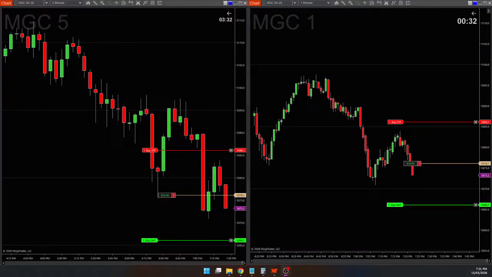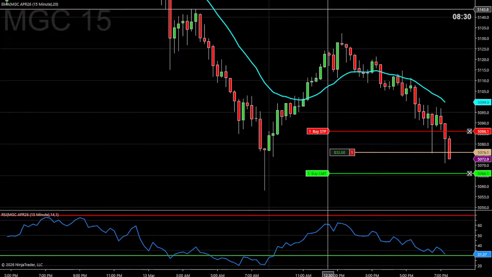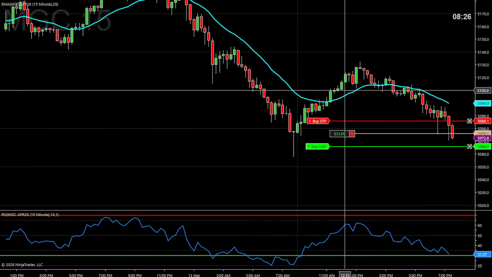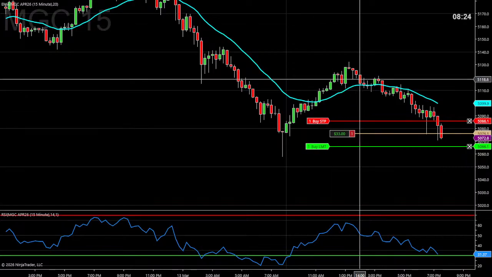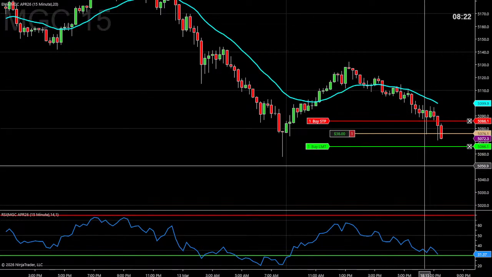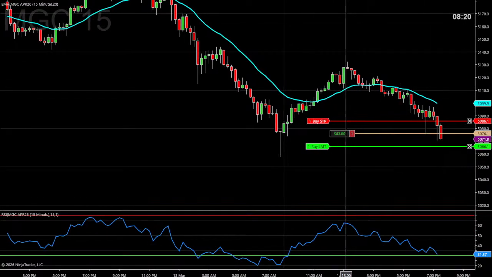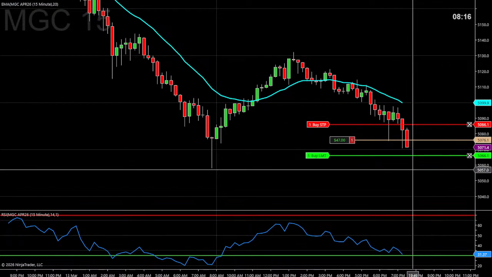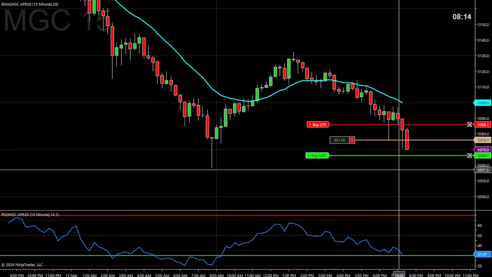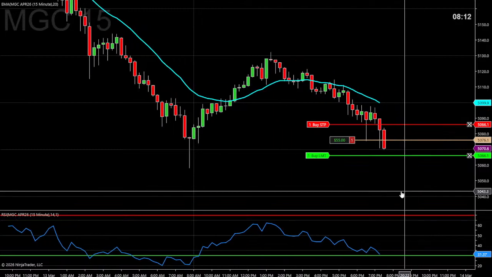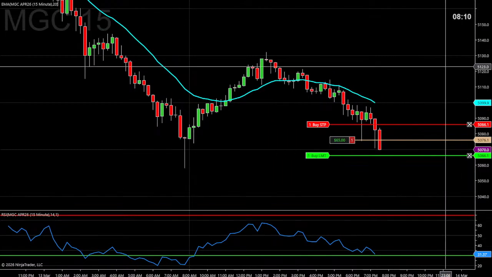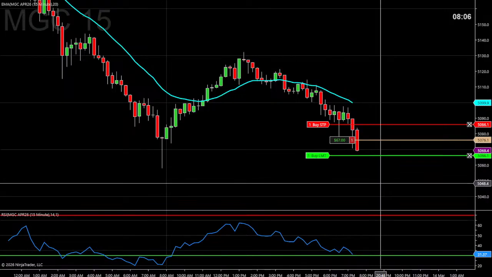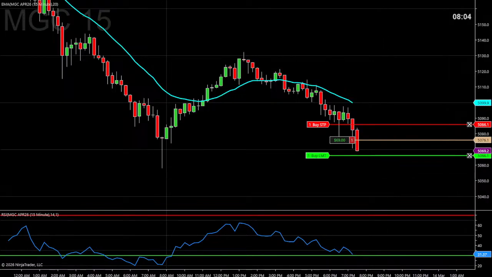Looking at the bigger charts, maybe that actually was the pullback in this. My predictions possibly could have been wrong. Maybe it's going to keep on going down until New York and then it goes up. Well, we're in the 60s in gold, so something's working.